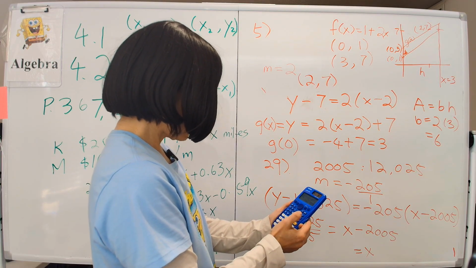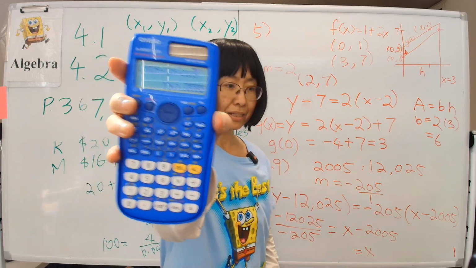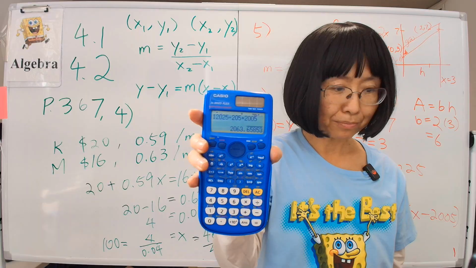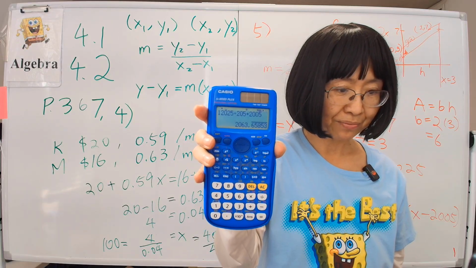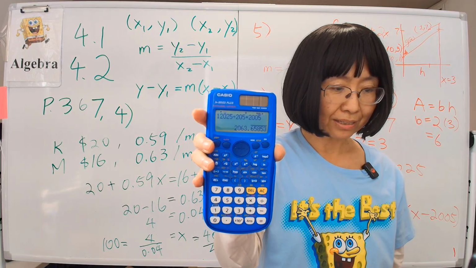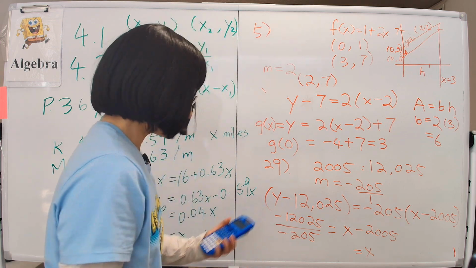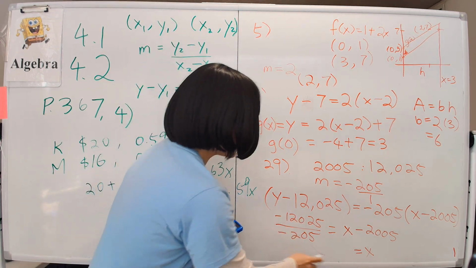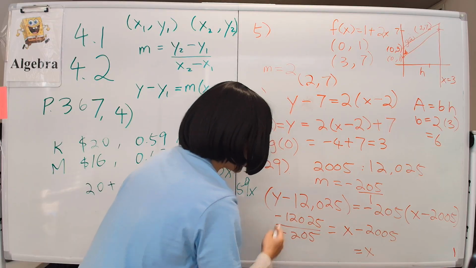Okay, if I hold my calculator about here, you can see it better. So here's what my calculator says. What I did is calculate this thing right here, and then I added the 2005 to this result.